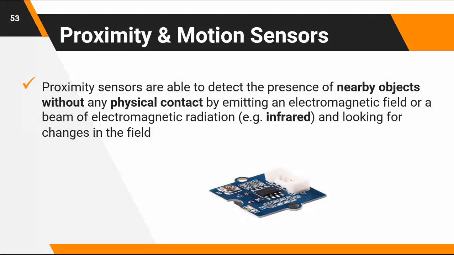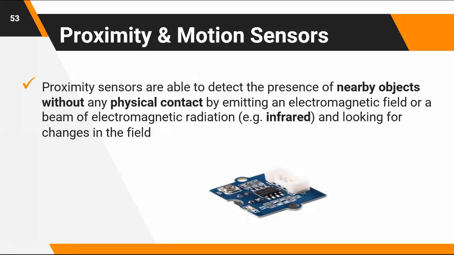The next level of sensors is your proximity and motion sensors. These sensors are mainly used for vehicle movement or object movement. The main purpose of proximity and motion sensors is that they are able to detect the presence of any nearby objects without any physical contact. You need not come nearby.